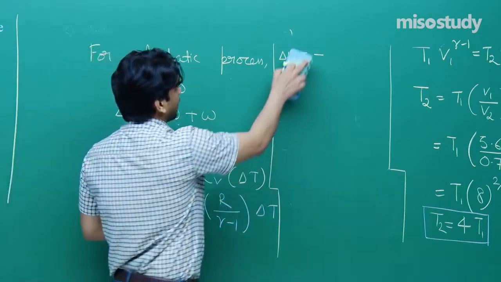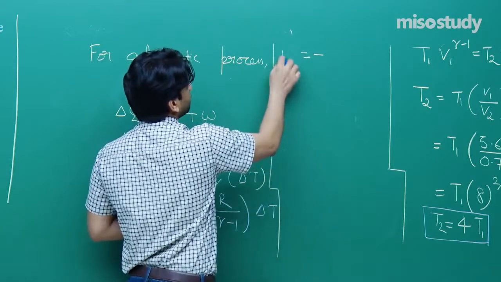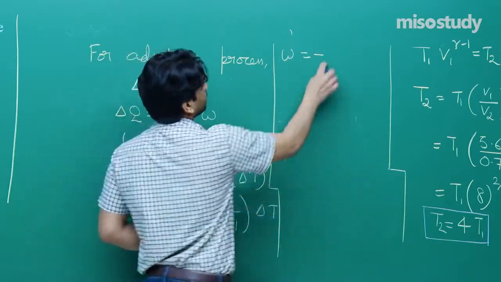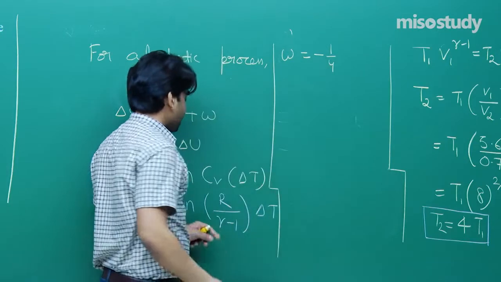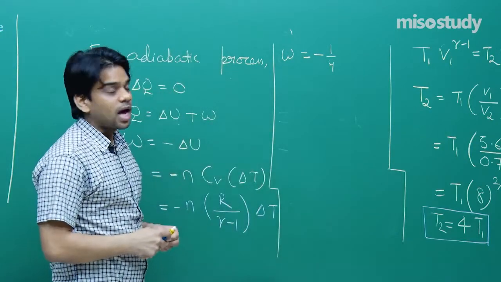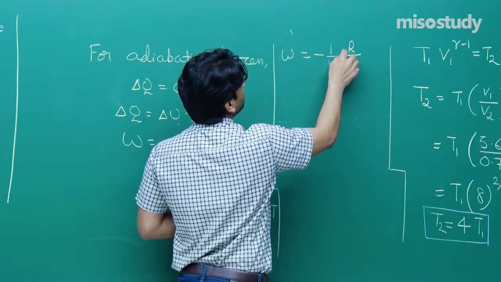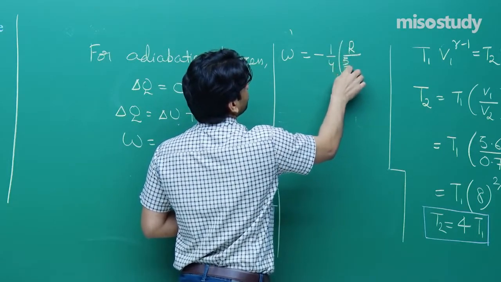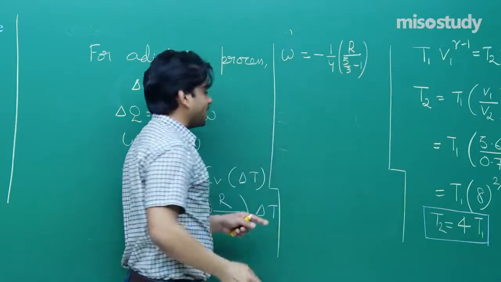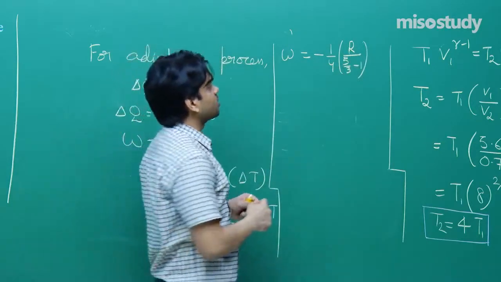So let us use directly W, that will give us the work done directly. Work done is equal to minus N as 1 by 4, and then R upon gamma minus 1, 5 by 3 minus 1, multiplied with delta T, T2 minus T1.